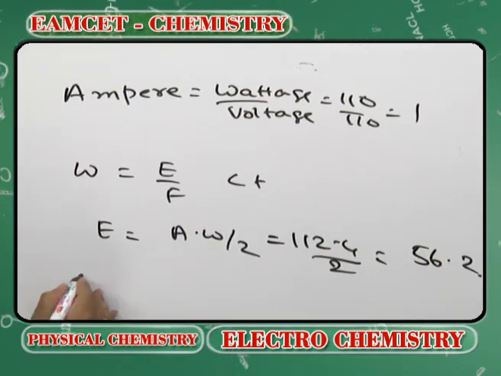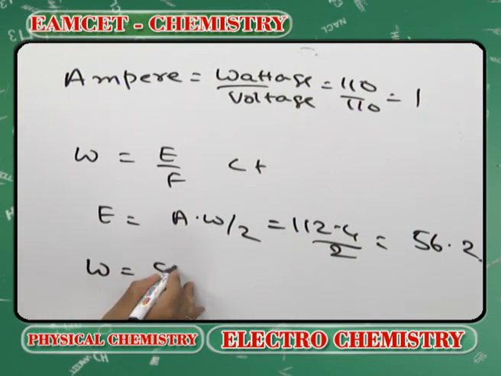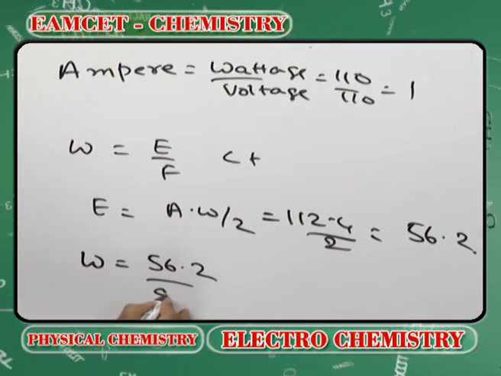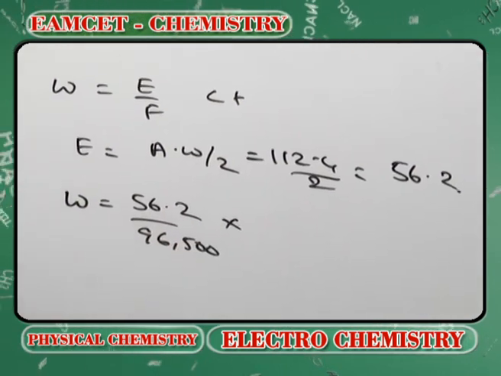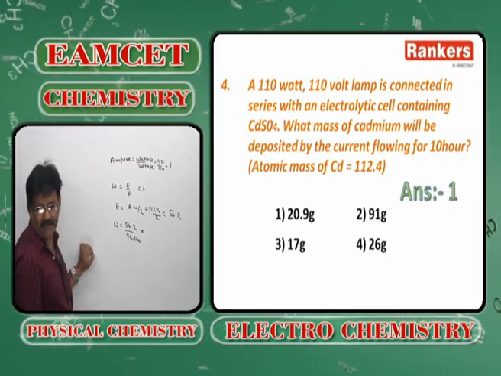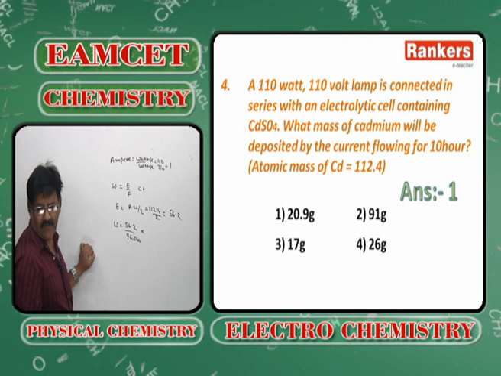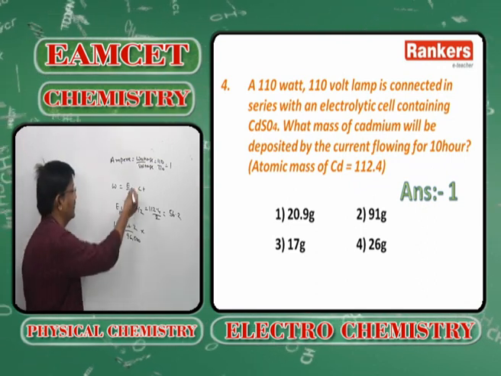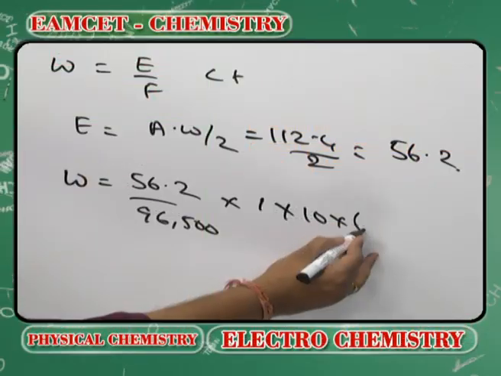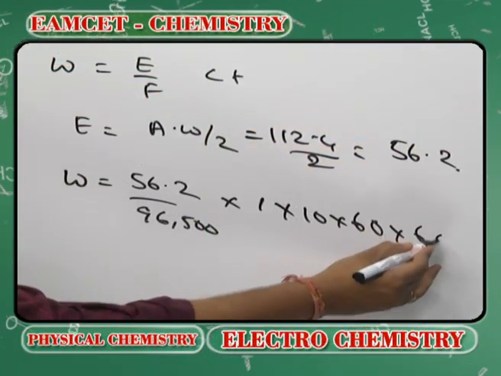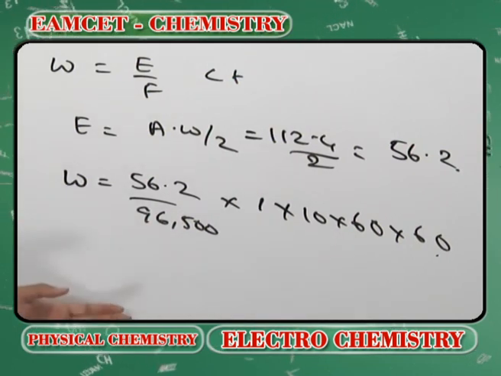112.4 by 2 is 56.2. So W is equal to 56.2 by 96,500. And what is C here? Cadmium will be deposited by the current flow for 10 hours, so C is equal to 1, and t is 10 into 60 into 60. This is the mass.